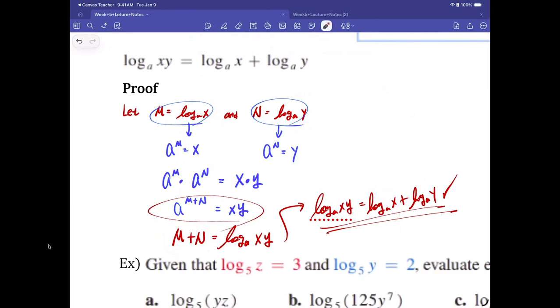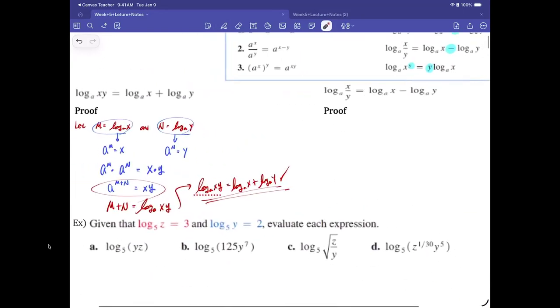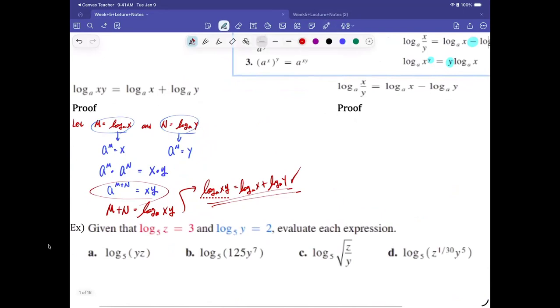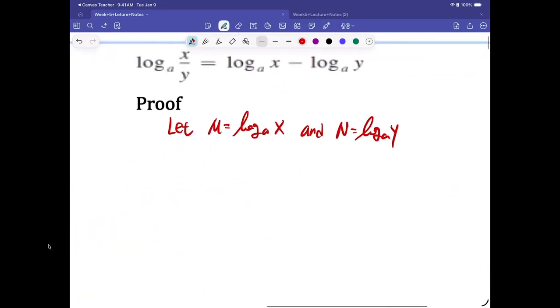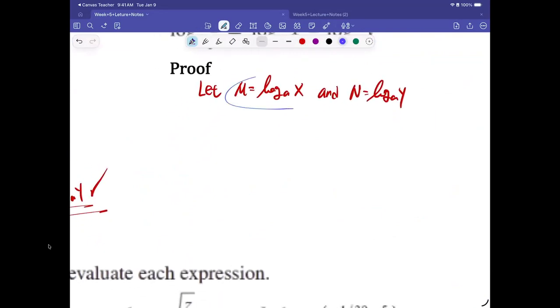Same idea with the quotient. Let m be the log base a of x, and n be the log base a of y. So change to the exponential equation: a to the m equal to x, and a to the n equal to y. Now this is a quotient, so we're going to divide, okay? So we're going to do division.